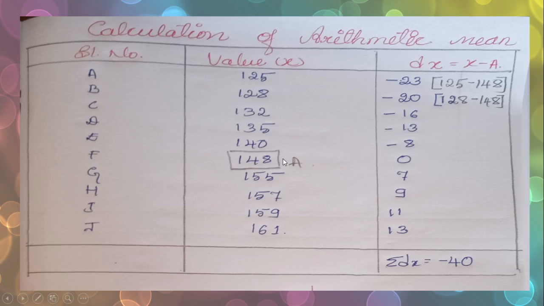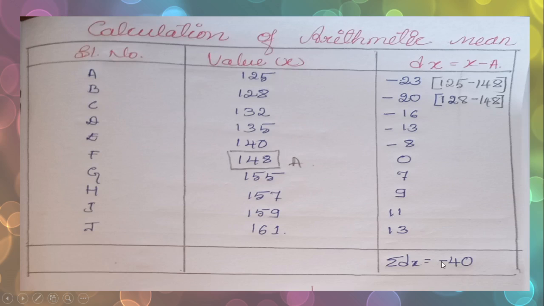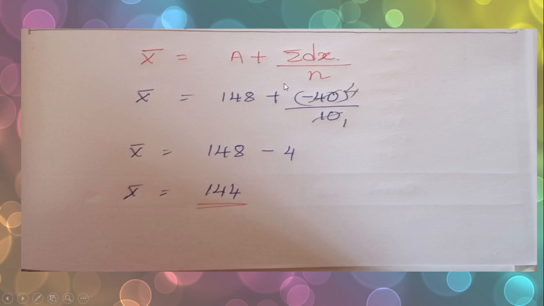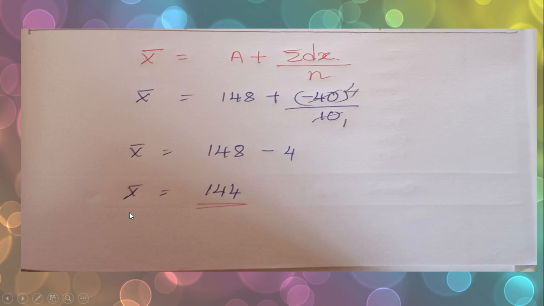So the assumed value is 148 plus summation dx, here it is minus 40, and the n value. The n value represents the number of observations. Here A to J, there are 10 observations that I have considered.